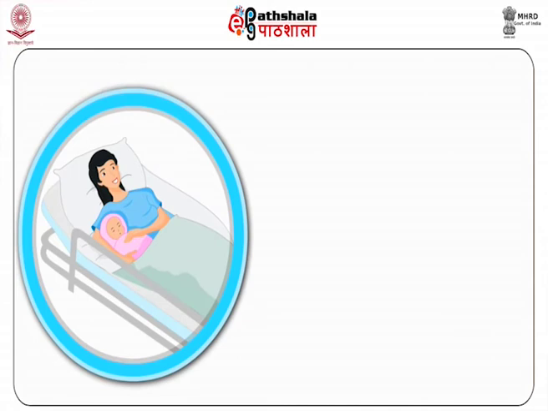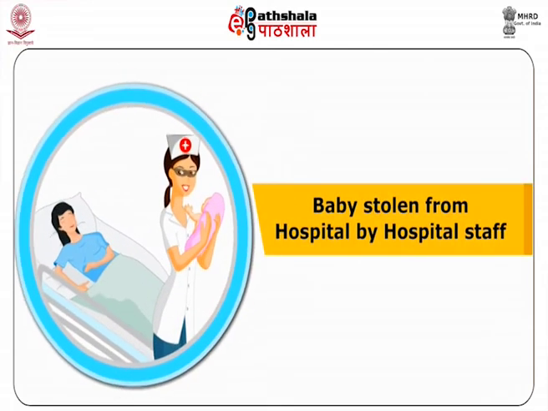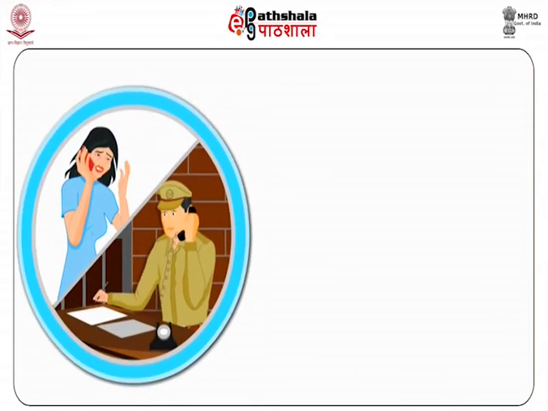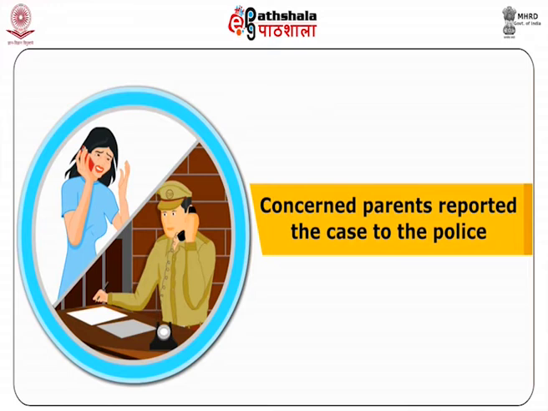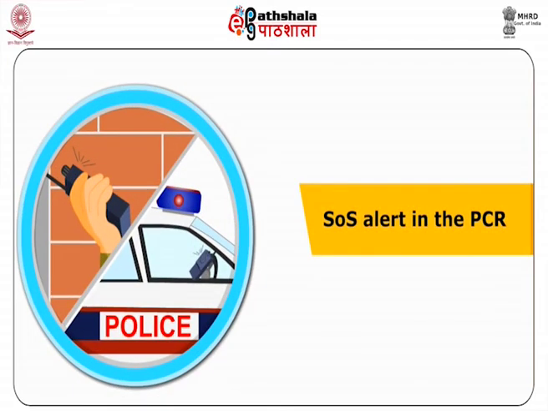A baby of 2 days was stolen from a hospital by the hospital staff. The concerned parents reported the case to police and an FIR was lodged. An SOS alert was also generated in the PCRs.